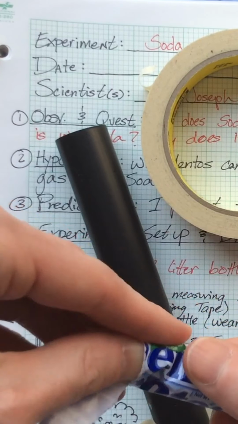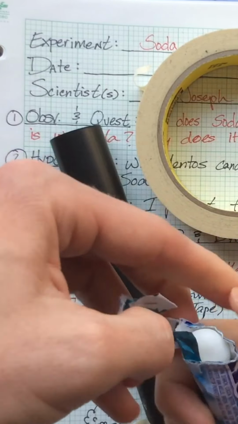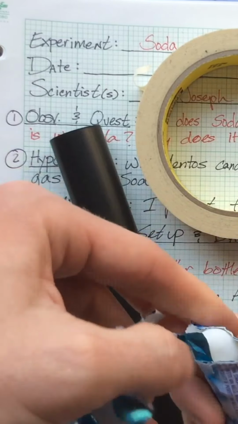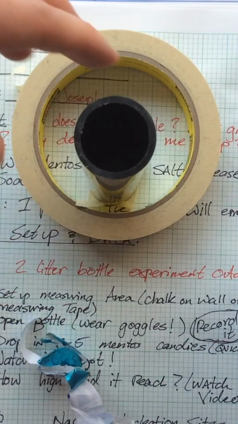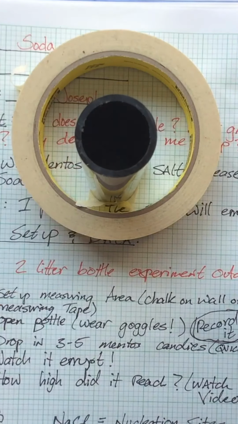And then I take the Mentos candies and just one at a time, or as they go in, and load each one into the top. And you can do the entire candy, or you can do an experiment with however many you want going in the container.